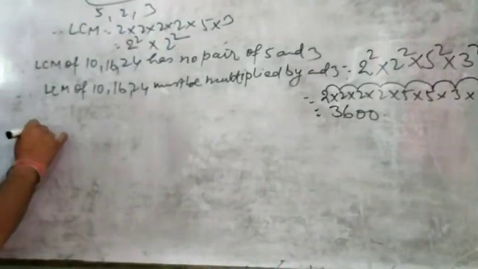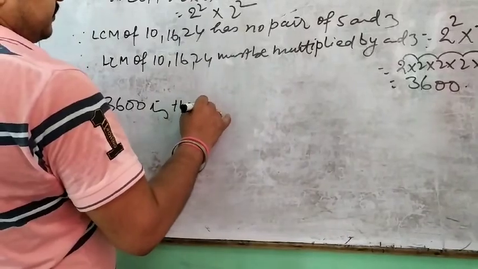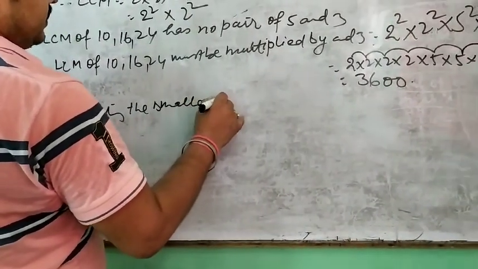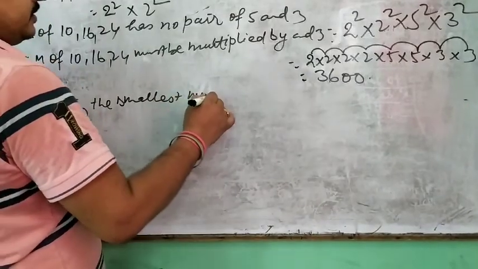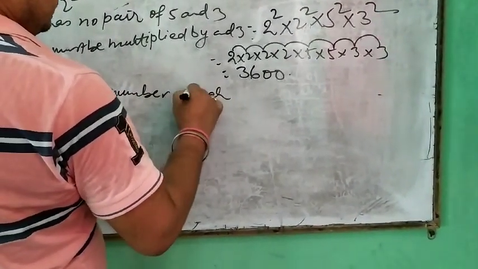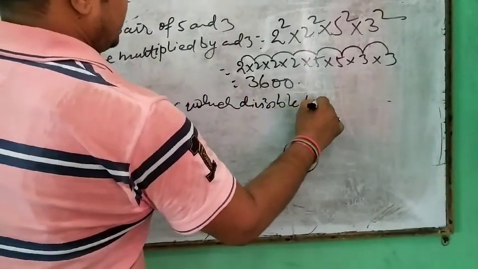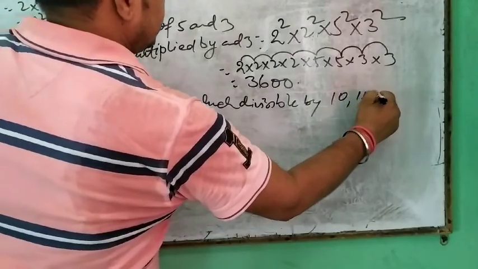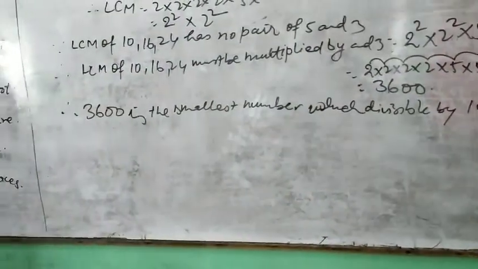So 3600 is the smallest number which is divisible by 10, 16 and 24, and that's your answer.